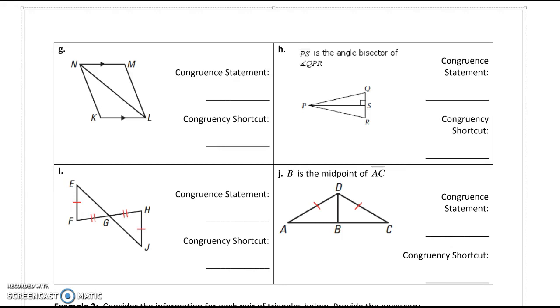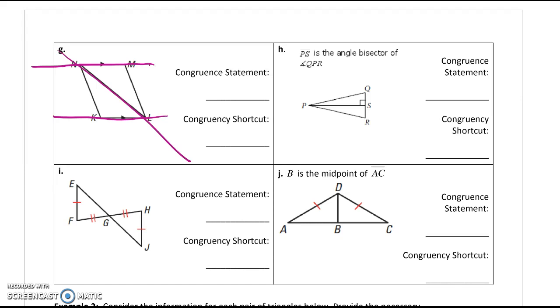Okay, let's take a look at part G. We don't have any notation to show congruency, but we do have these two parallel lines. That's what those arrows mean. Two parallel lines and a transversal. Now, which of these angles are our alternate interior angles?